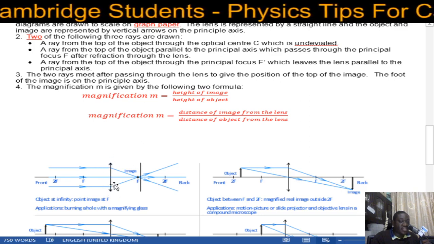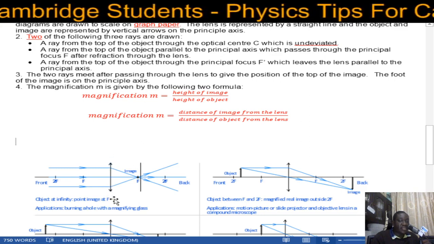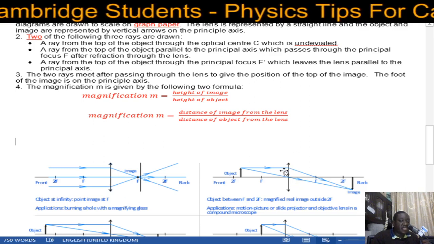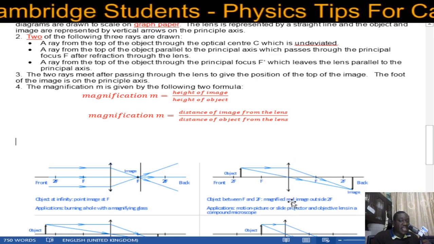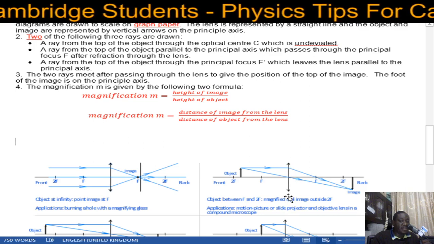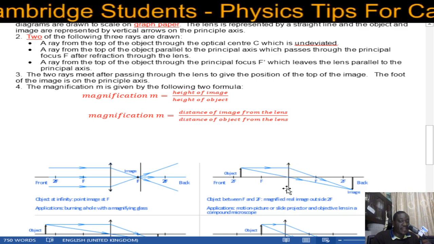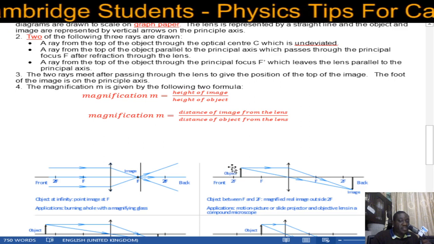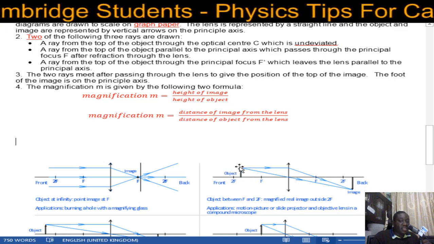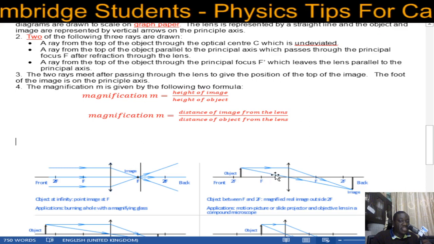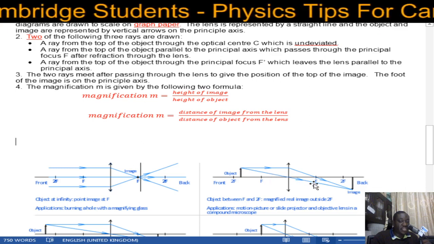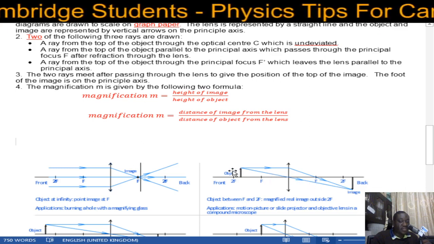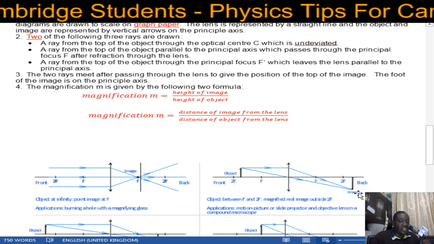A lens is drawn as a vertical line with arrows, two arrows here and there. Now, suppose this is our object. So we are going to have a ray that is coming from the top of the object through the optical center, C, like that. It's a diagonal line that is drawn like this.